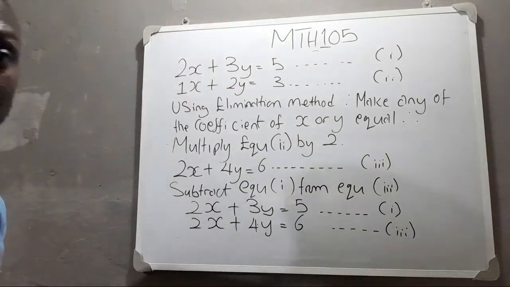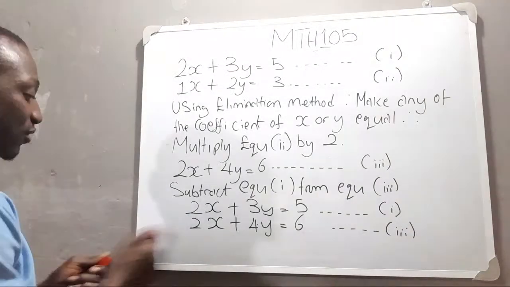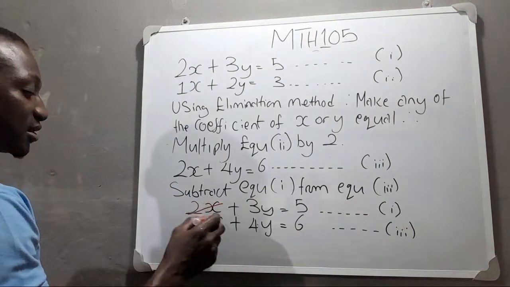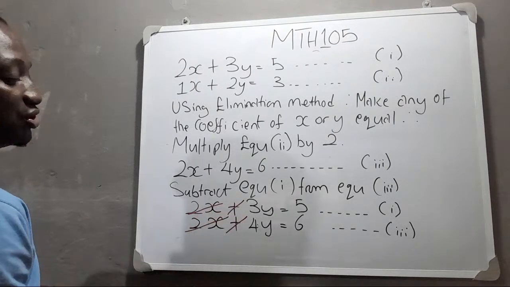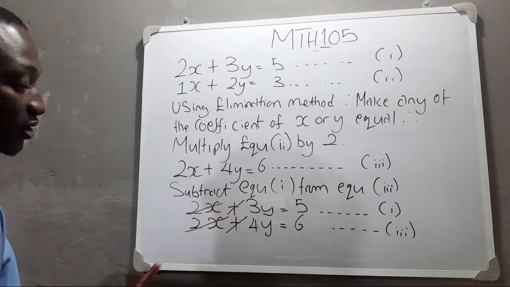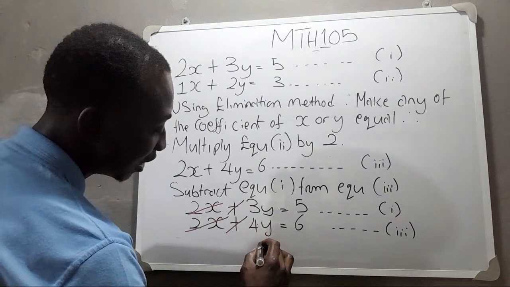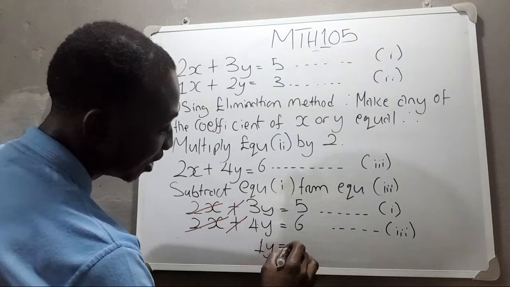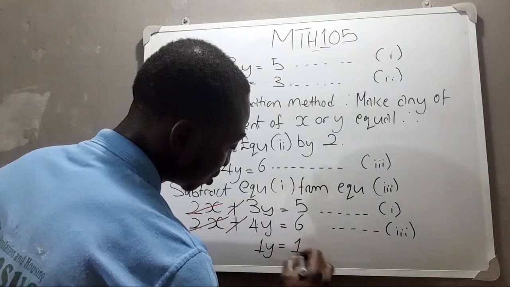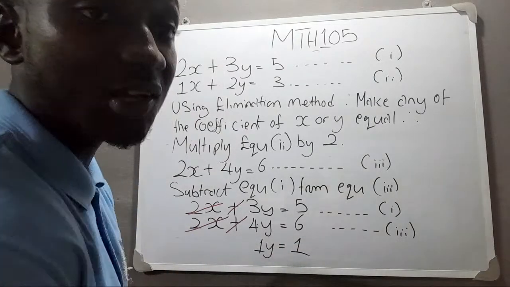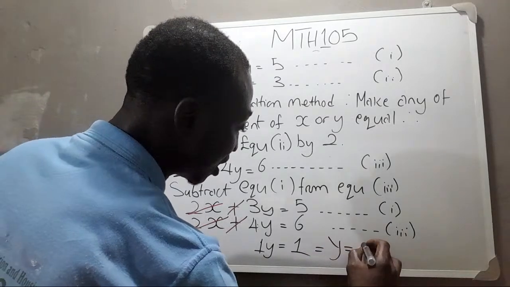Now subtracting equation 1 from equation 3, this cancels this, this cancels this. Now when you remove 3 from 4, you are left with 1y. When you remove 5 from 6, you are left with just 1. And 1y equals 1 is as good as y equals 1.